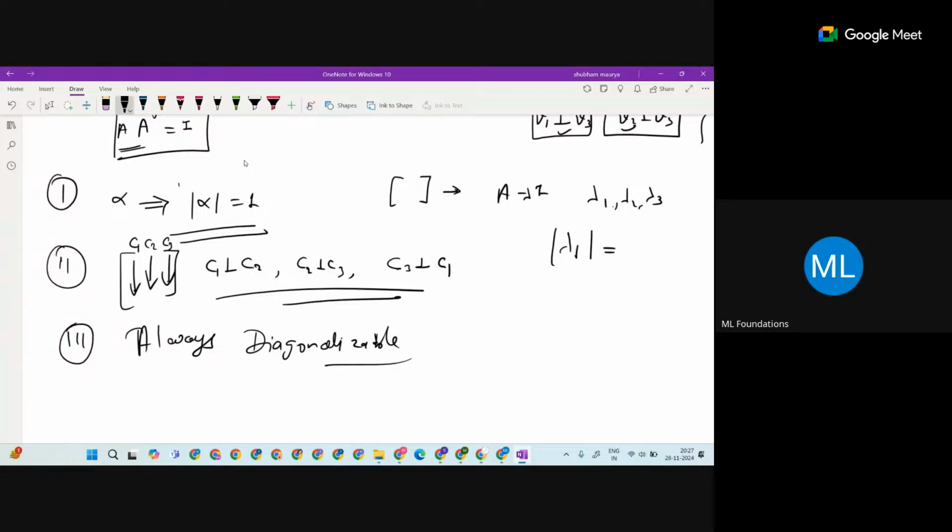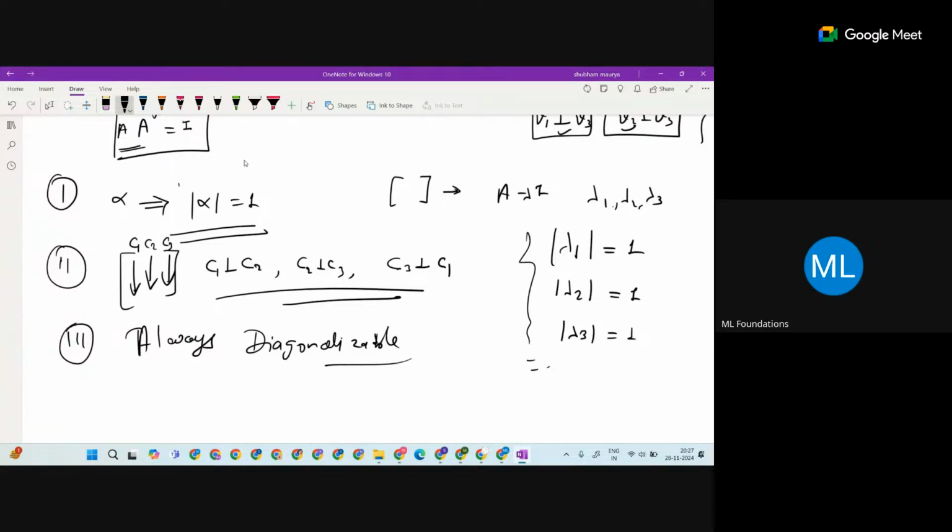Eigenvalues are not necessarily real, they could be complex also. But if you find the modulus of each eigenvalue, hope you know how to find the modulus of a complex number, it is going to be 1. This is also going to be 1, and this is also going to be 1. So the modulus of each eigenvalue is going to be 1.